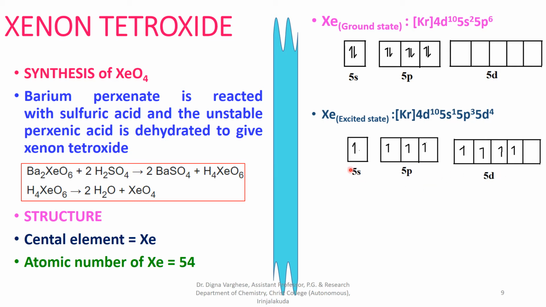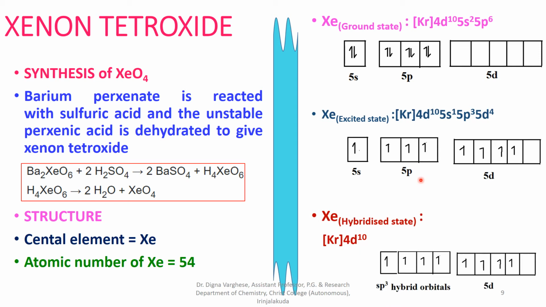The 5s orbital and 3 5p orbitals of xenon mix among themselves with redistribution of energy to yield 4 new sp3 hybrid orbitals. The 4 sp3 hybrid orbitals are oriented in a different fashion.